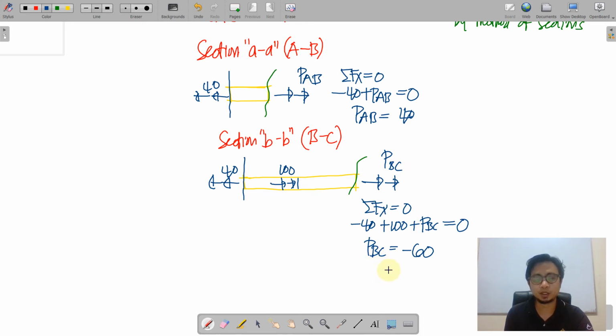So as we can see, it is really that the PBC should be in the leftward direction, because 100 here prevails over 40, and that is a rightward force. Therefore, it will need a leftward force to counter 100 here and supplement 40, and that is 60. So anyway, there is no problem if we have a wrong assumption.